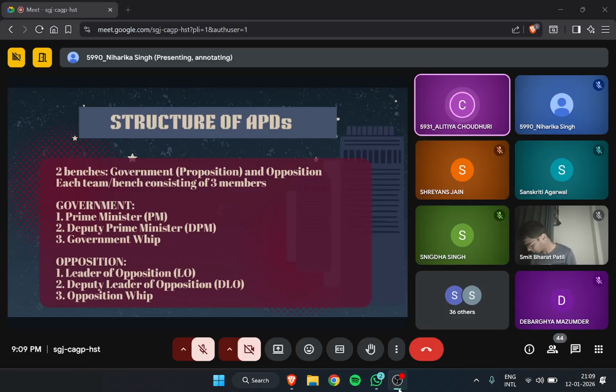The difference between a normal debate, which is like a 1v1, and an APD is that each team is supposed to have three members, which means you have three members for proposition and you have three members for opposition as well. So on government, the three members are PM, Prime Minister, DPM, which is Deputy Prime Minister, and thirdly, you have the government whip. On opposition, you have Leader of Opposition, LO, Deputy Leader of Opposition, who's the DLO, and Opposition whip as well. Next slide.